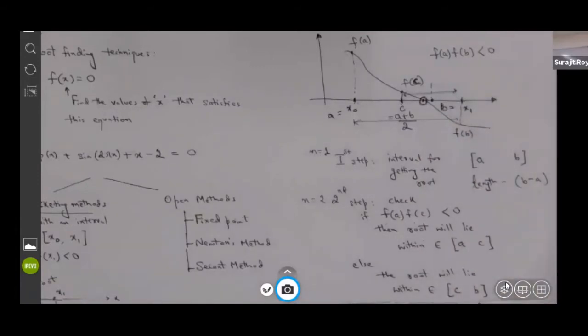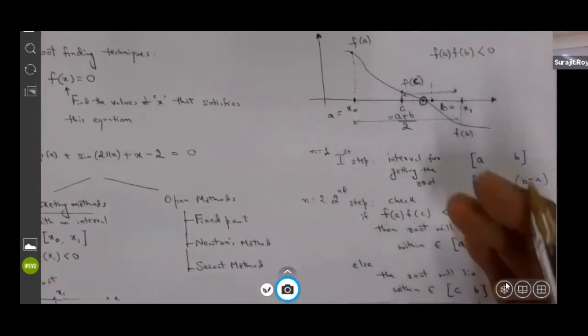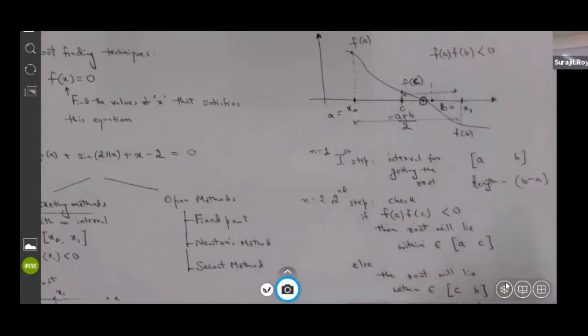Let me tell you, there are 3 stopping criteria for any algorithm which is going to be implemented in a MATLAB code, or C, or any other language. Any numerical technique involves a lot of steps or iterations, and there are 3 stopping criteria.